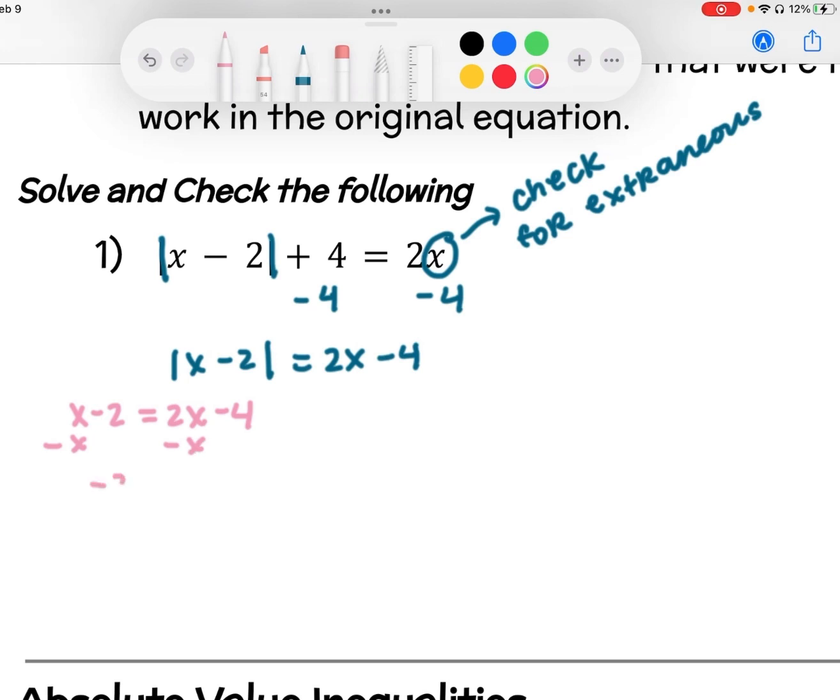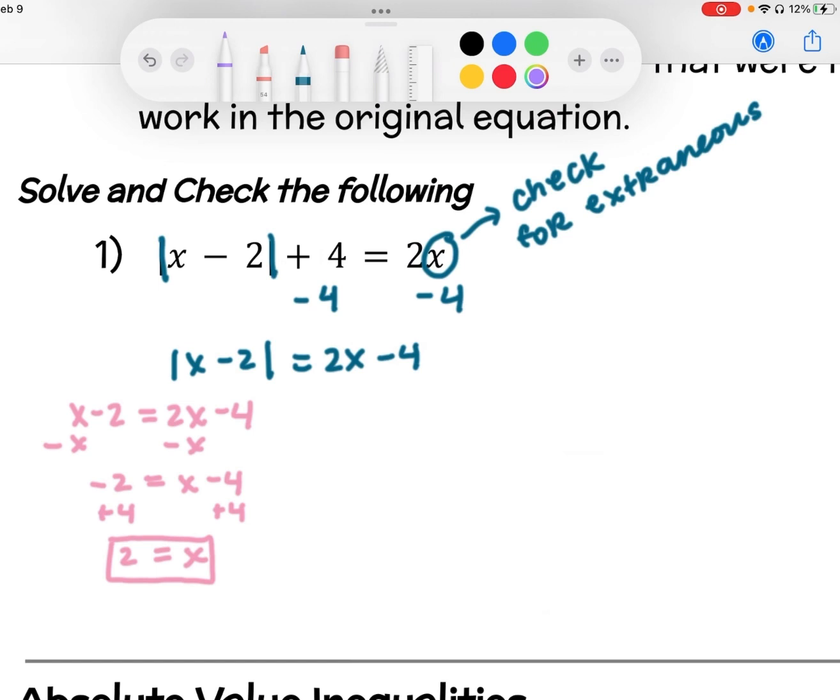We're going to end up with negative 2 equals x minus 4. And then we're going to add 4 to both sides. So we're going to have 2 equals x. All right, so that's one possible solution. We will check it once we find our other solution.